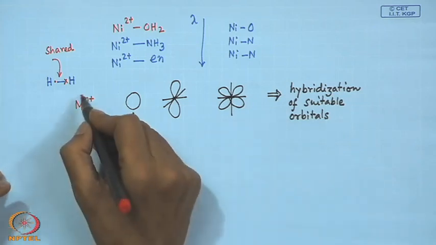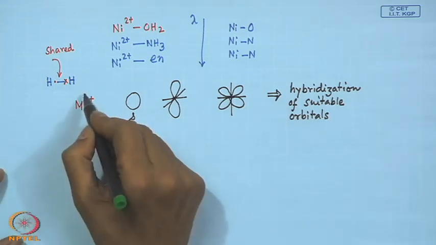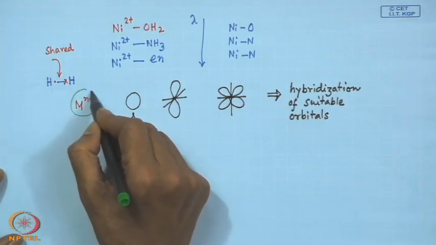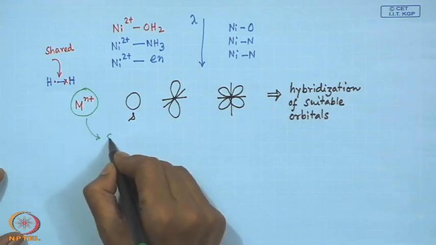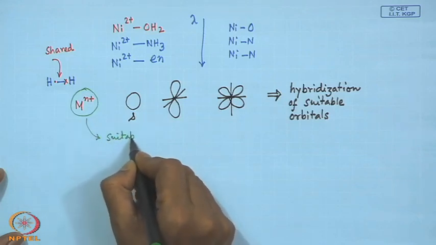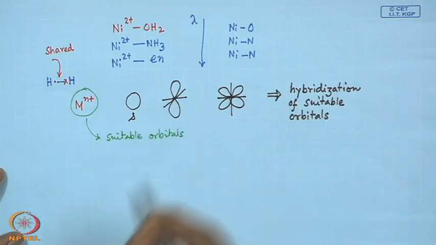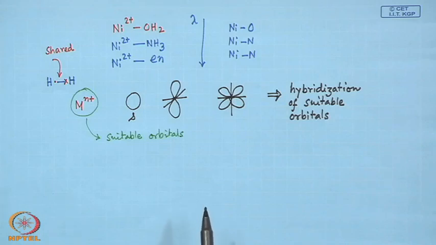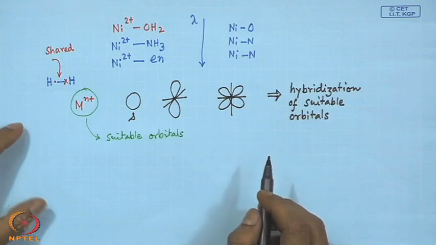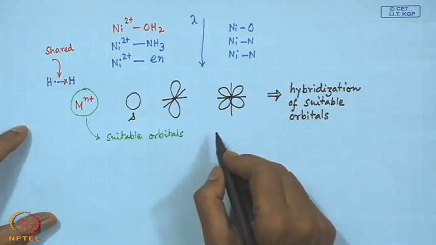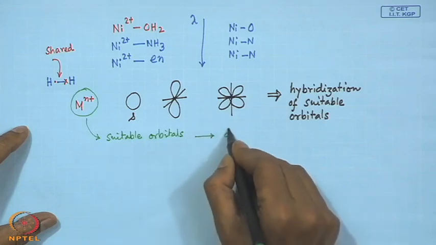So, if we have a metal ion and that particular metal ion can have more than one type of orbitals, we take only the suitable orbitals of the metal ion that can go for the corresponding hybridization, and this particular hybridization can give rise to the desired stereochemistry.